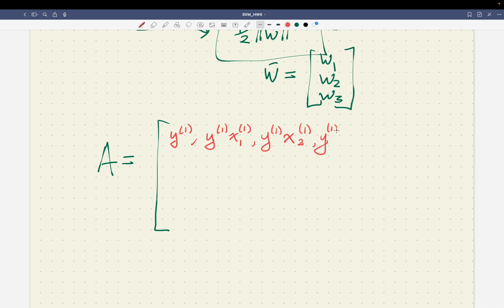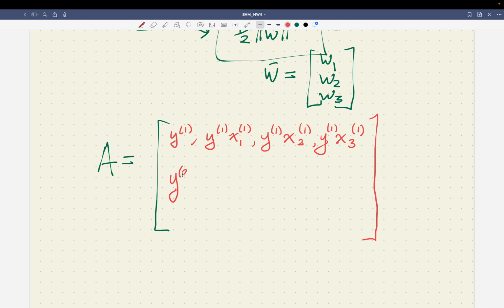Oh my god, I hope there's not a lot of data because I'm going to be tired of writing these rows. Y1 X3, 1. Okay, but now these x's would be the particular data that you actually have. So your first data point will actually be some real numbers, and y will actually be plus or minus 1. So you're going to be filling this in with actual numbers, not manually, but in a program.